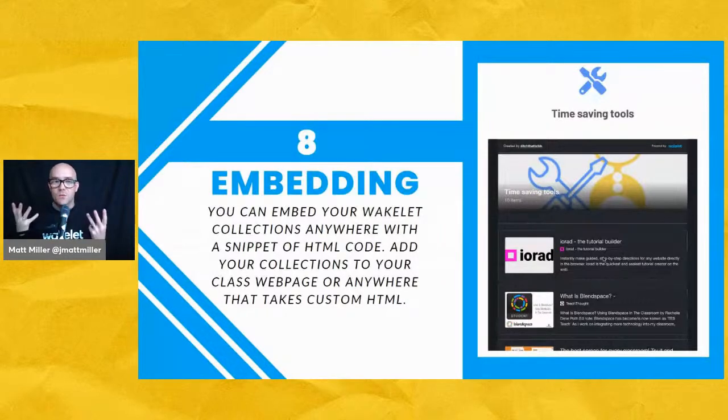So if you have a class website and you're able to embed something through HTML code, this is a super easy way to just stick your Wakelet collection right on that page. And there's lots of places where you can use this HTML code to embed Wakelet collections.